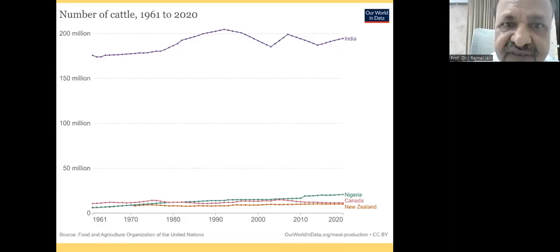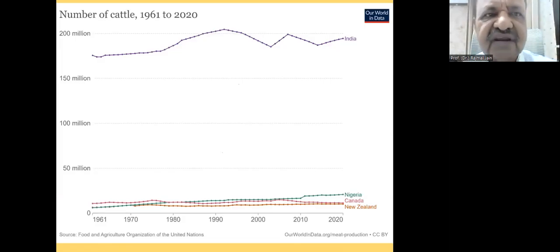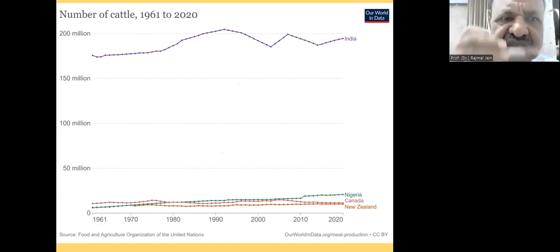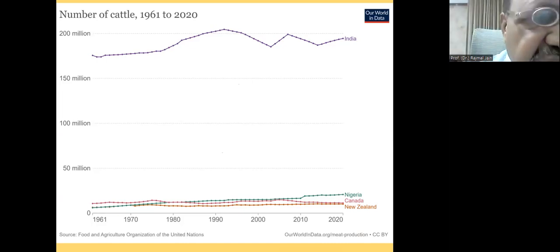If you see in this plot, India actually has the largest number in millions of cows and cattle, that is cows, buffaloes, goats, sheep, etc.